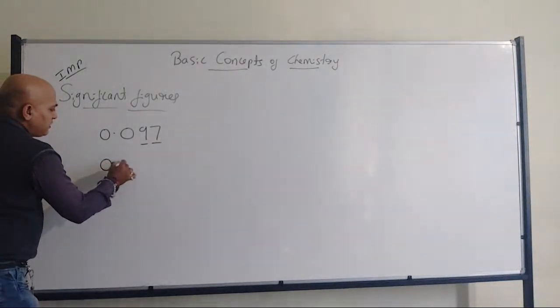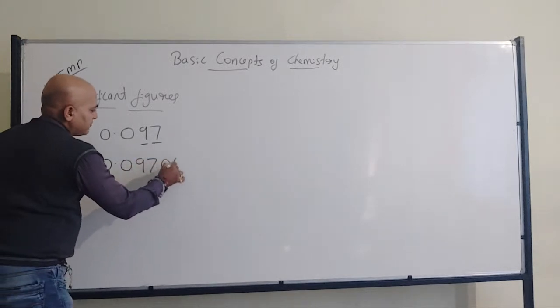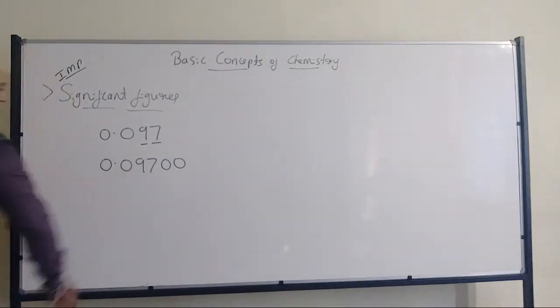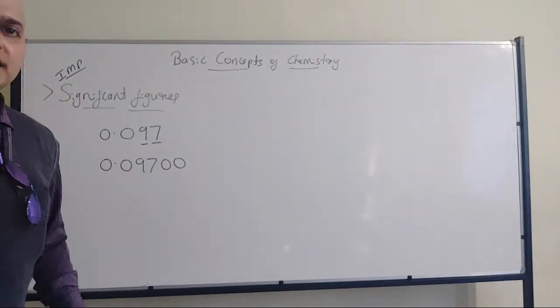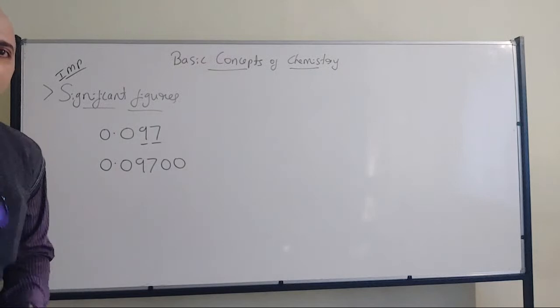Now can any one of you tell me what is the number of significant figures in this? Okay, first one is fine. So I am talking about the second one. What are the significant figures in this? Okay, very good.